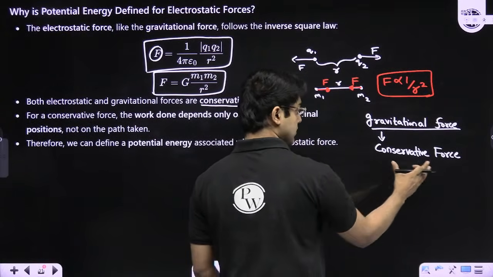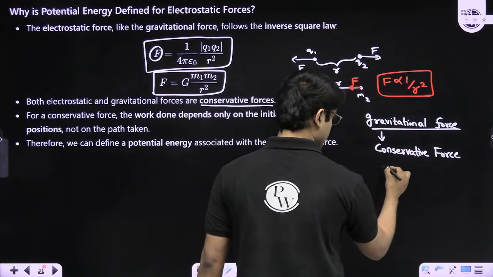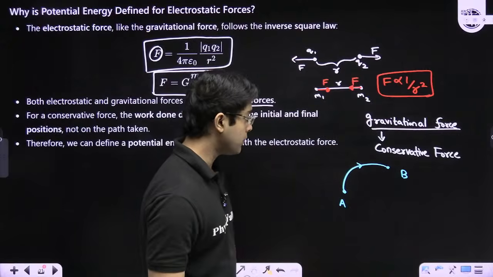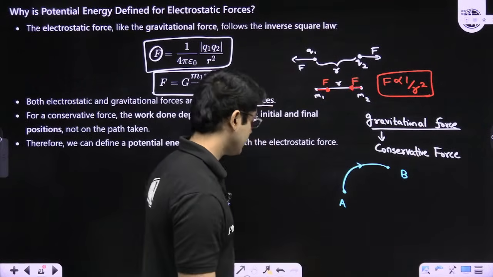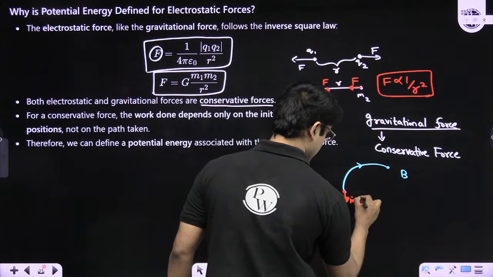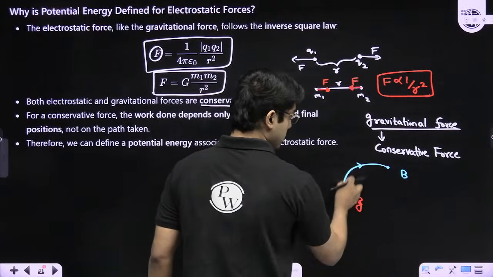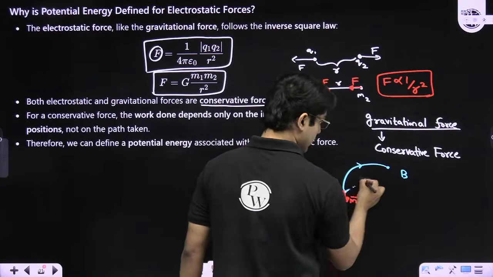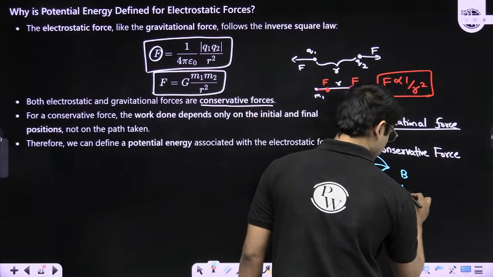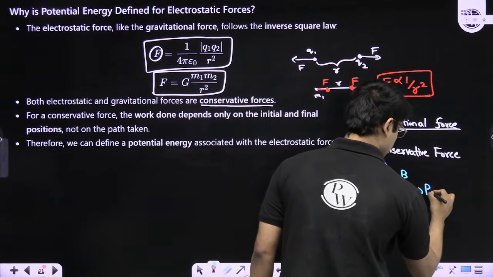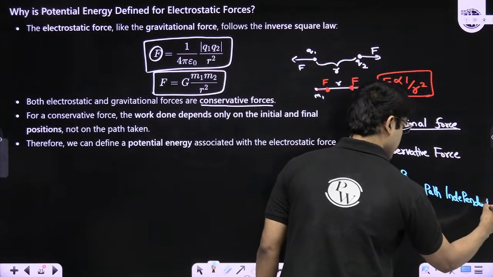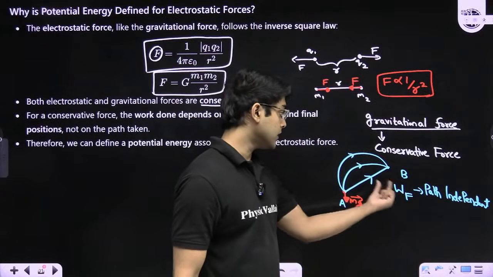So basically, if you have a conservative force, the main idea is if you go from a point A to a point B using any path, and this conservative force is acting on you, so in this case, let's say the gravitational force mg is acting on you, then it doesn't matter which path you choose from A to B. You can choose any of the infinite paths connecting A and B. The work done by this conservative force will be path independent, meaning it doesn't matter which path you choose, the work will come out to be the same in all cases.